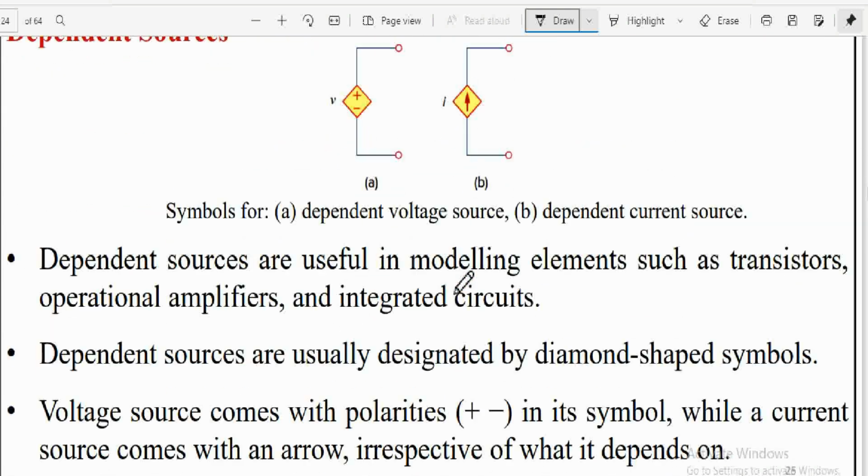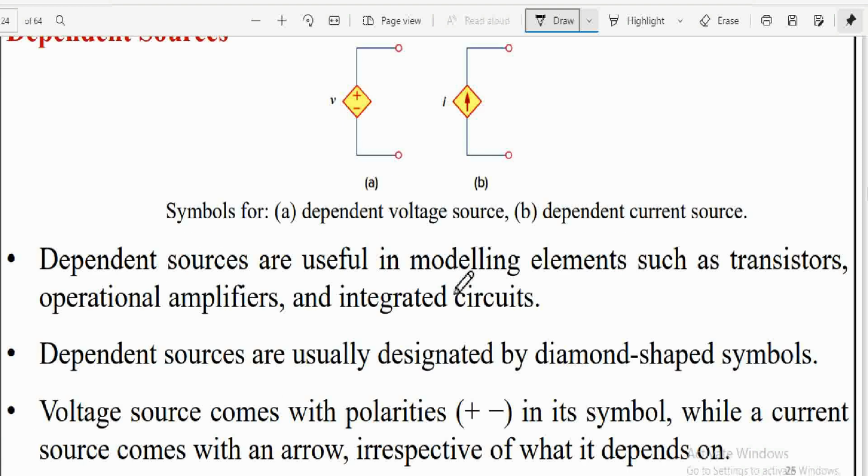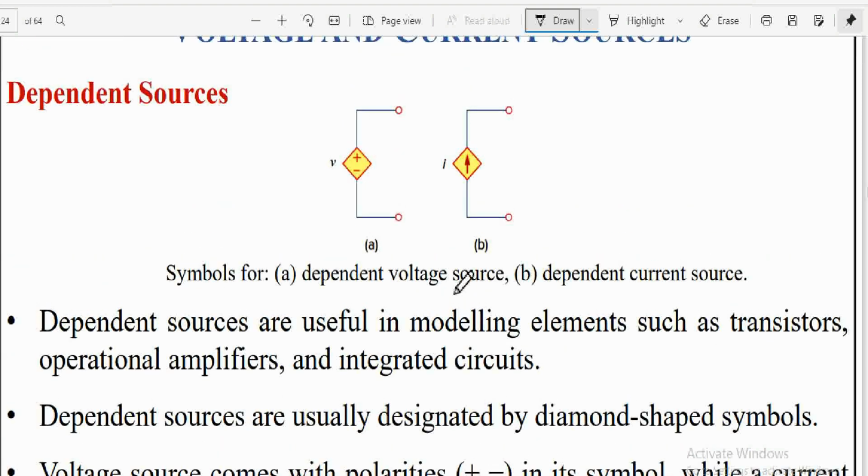And these are the dependent sources: dependent voltage source and dependent current source. How is the symbol? This is your dependent voltage source, and this is the dependent current source. If this value depends on current, then it is called a current controlled voltage source. If this value depends on a voltage, then it is called a voltage controlled voltage source.